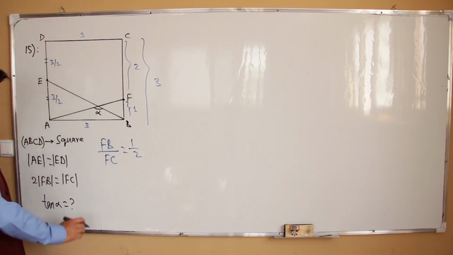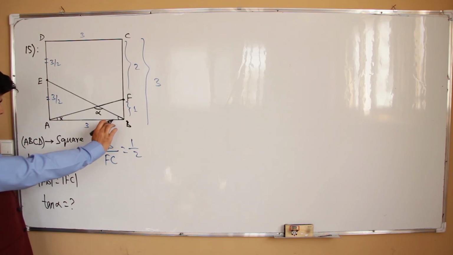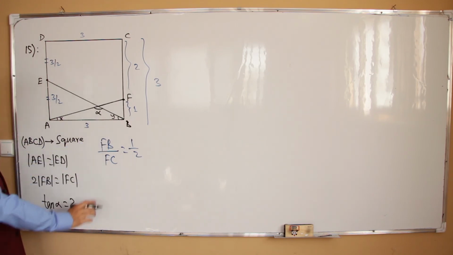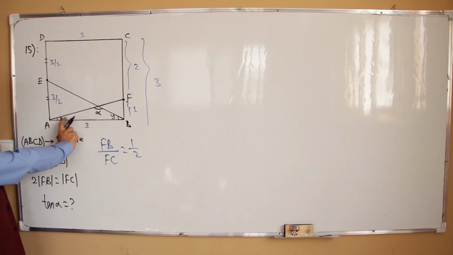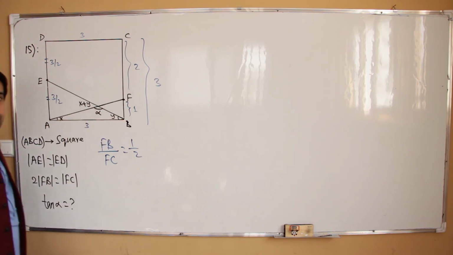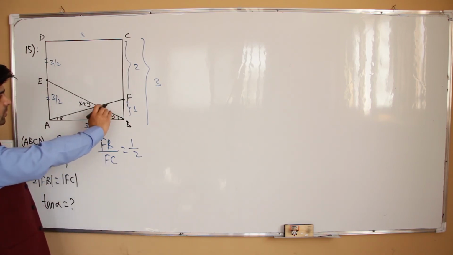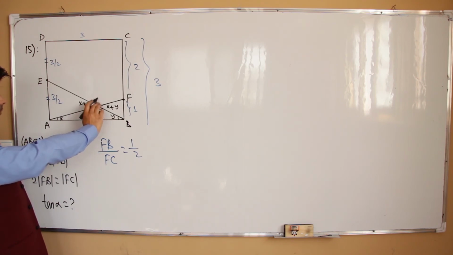Okay, one thing we know, that this one is x, this angle is y. Am I right or not? Yes. So what is this angle? This is an external angle for this triangle, so it should be x plus y. If this one is x plus y, this one is also x plus y. If this one is alpha, this is also alpha.